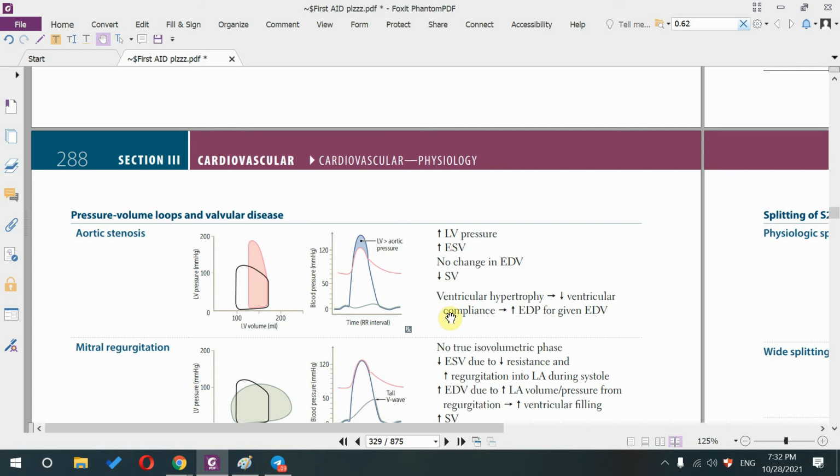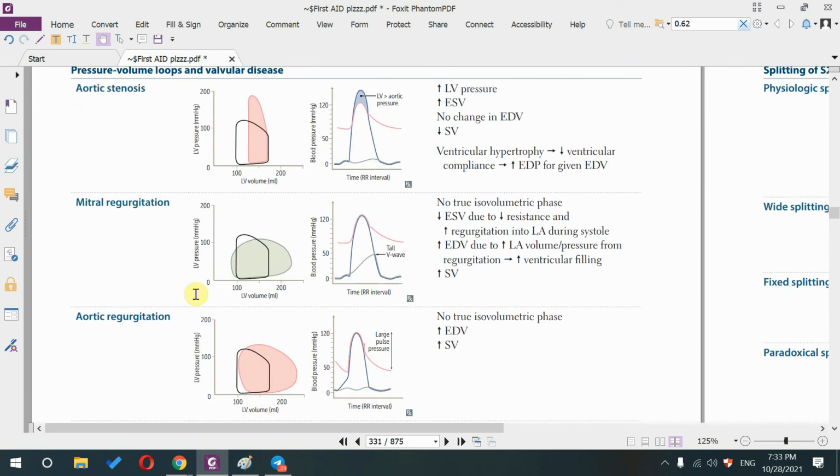After many years, the patient will have increased end diastolic pressure while the end diastolic volume stays kind of the same. Why? Because the walls of the ventricle have become stiffened, because the pressure against the ventricle was higher.